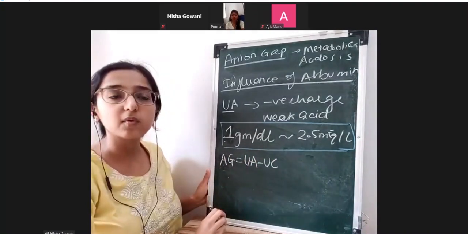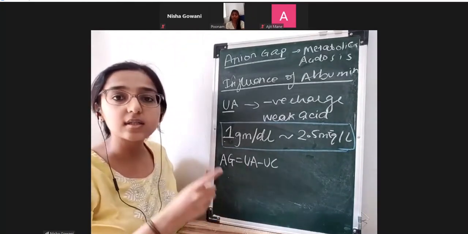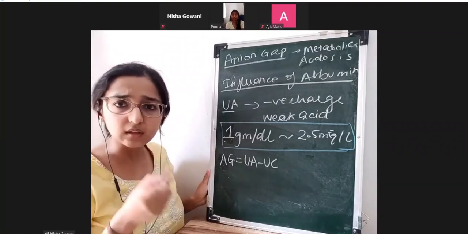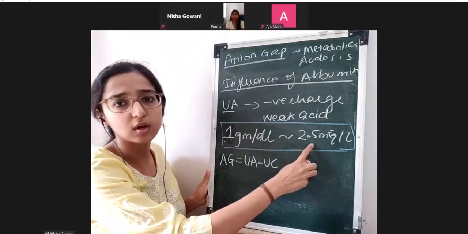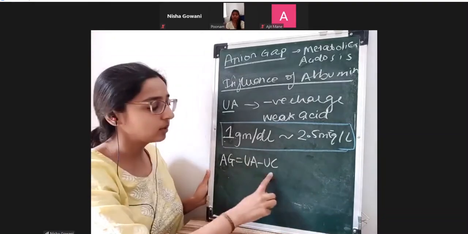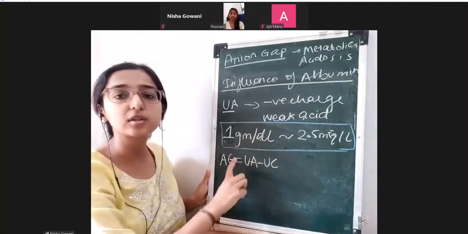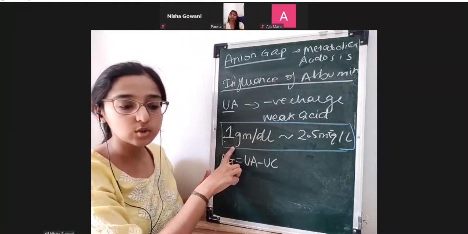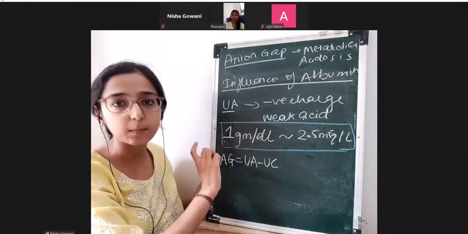This gap will not be accurate if I don't consider this decrease in albumin. The fall in albumin which has occurred, which means what? I will expect this also to fall, right? So this value that I will get will not be correct if I don't take into consideration the fall in the albumin. So there is a corrected formula for albumin whenever there is hypoalbuminemia.